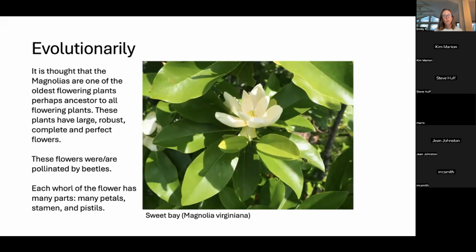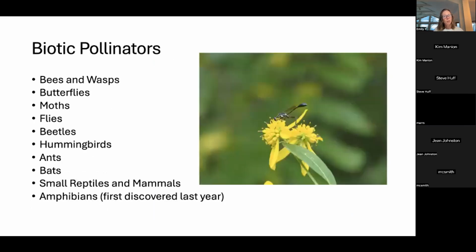So when you think of plants and when they went from wind pollination in the pine category, and then we moved to flowering plants, one of our first flowering plants is the magnolia, and that was using the beetle for pollination. And there are lots of biotic pollinators.